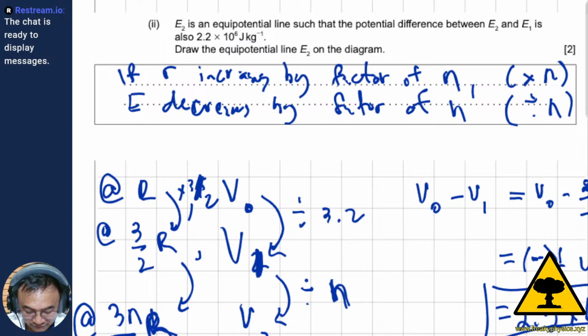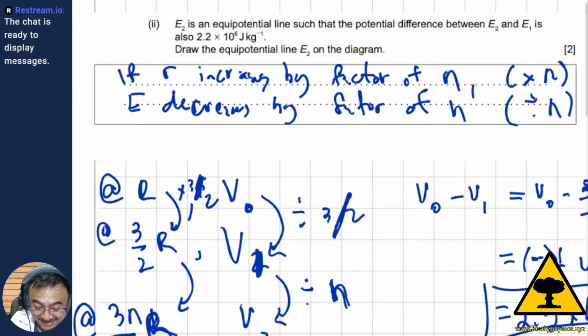Okay, if we do this though, remember that actually we don't have to do that. If that's 2.2, what was my train of thought again earlier?